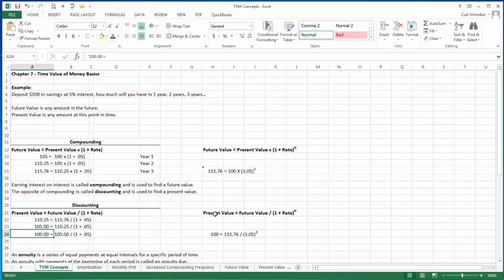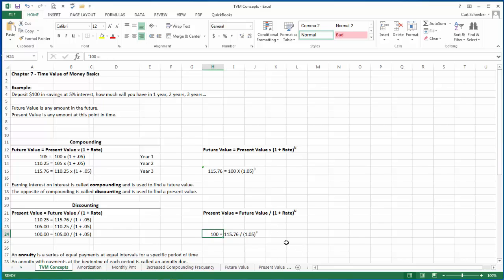So another way to find the present value, just like we did up here, is we have a shortcut. We do the exact opposite: the future value divided by 1 plus the rate to the power of n equals the present value. So $115.76 divided by 1.05 to the power of 3 is equal to 100.